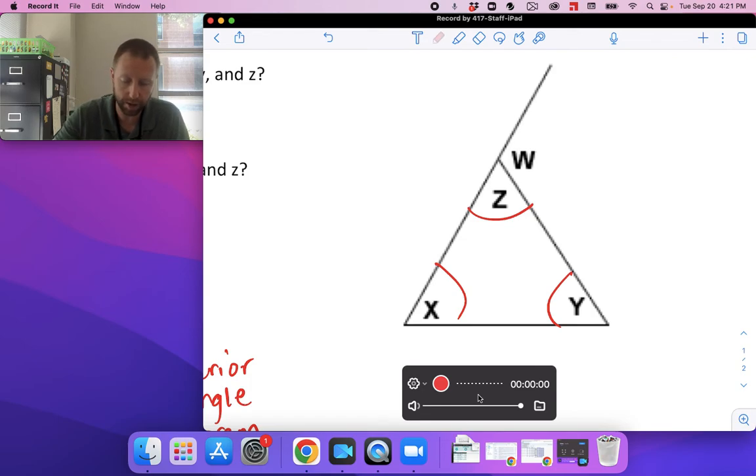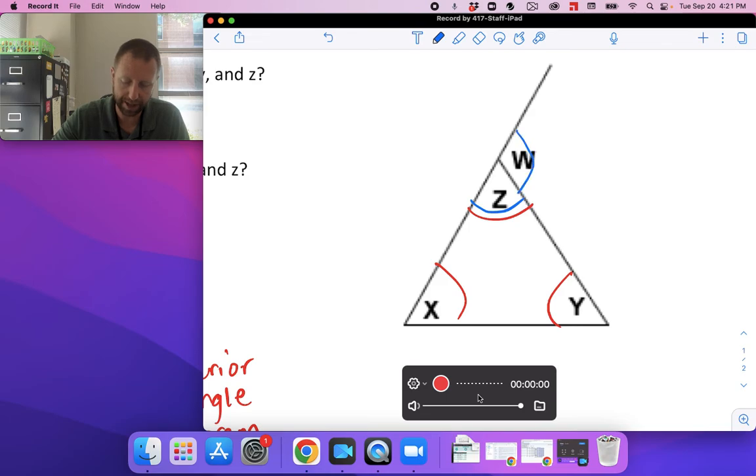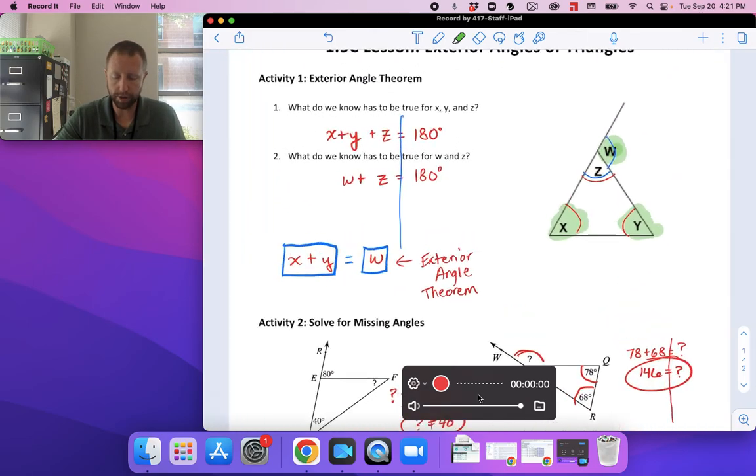We also know, use blue here, that this angle and this angle have to add together to equal 180. So basically what that's telling you is Z is the only thing that got used both times. Basically what that's telling you is this angle has to be the same as these two angles added together, right? So that's what you're using here.